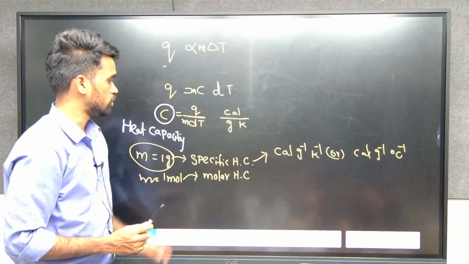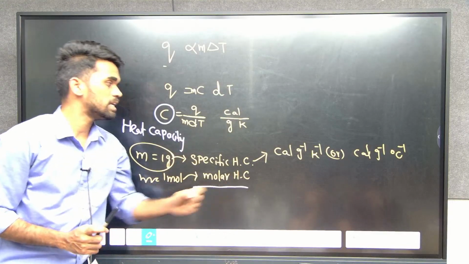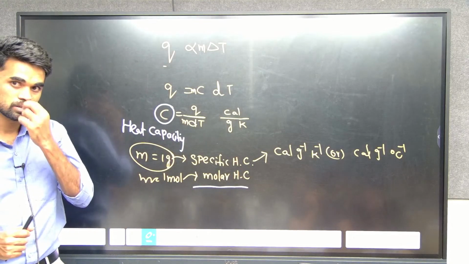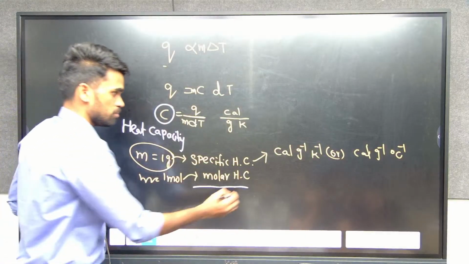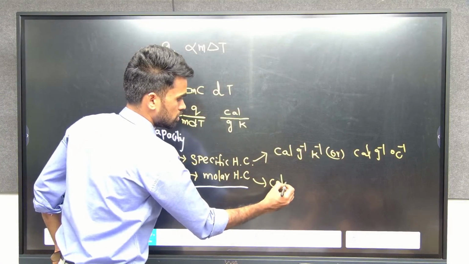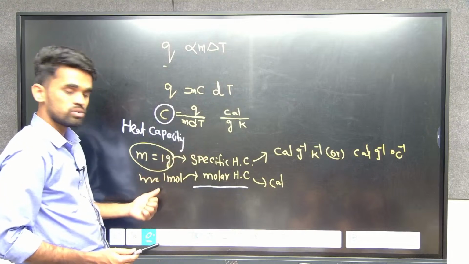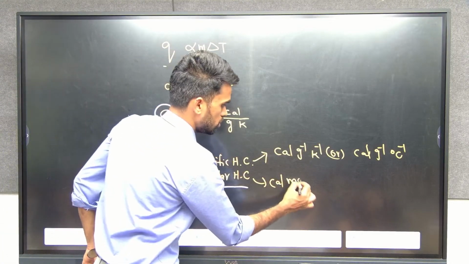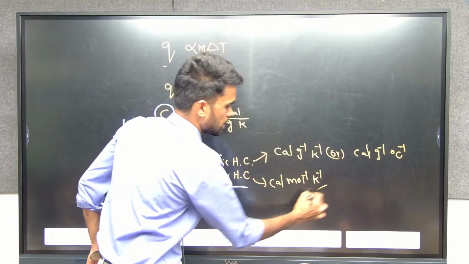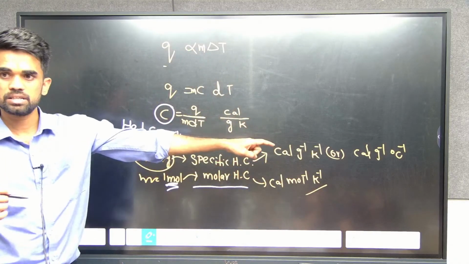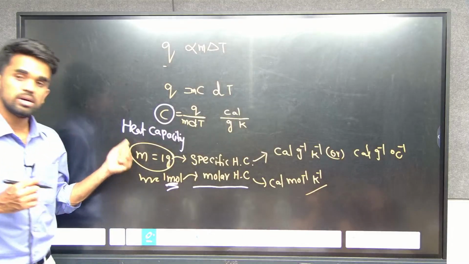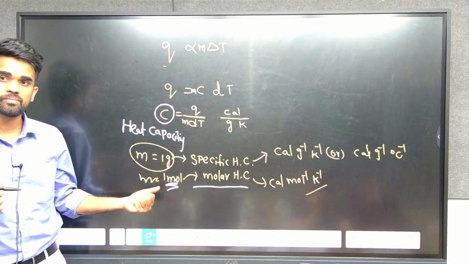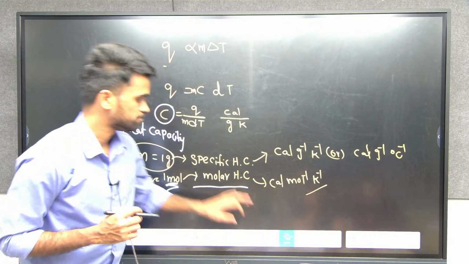Like this the unit will be written. Now what about molar heat capacity units? Same, calorie, and in the place of grams we have mole, per mole per Kelvin or per Celsius. Like this you need to write the units for specific heat capacity and molar heat capacity.